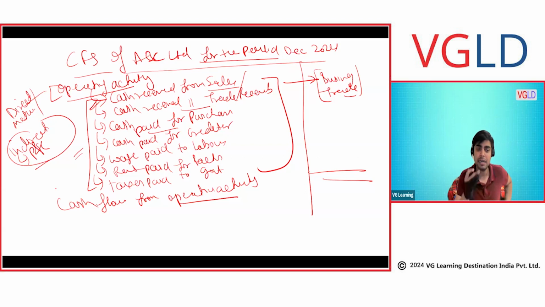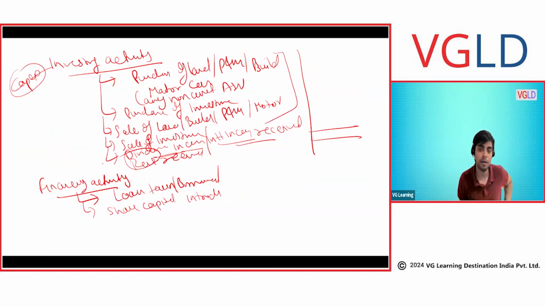If commission is related to business, it is operating; if commission is other income, then it would have come here. Loan taken, money borrowed from bank. Let's say you introduce your own money. Very good, Charvi and Savrit. Overdraft taken.